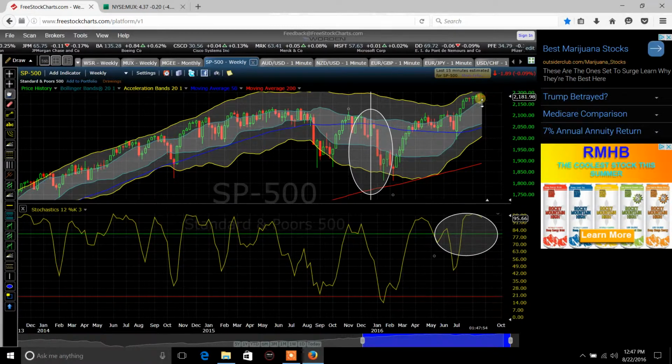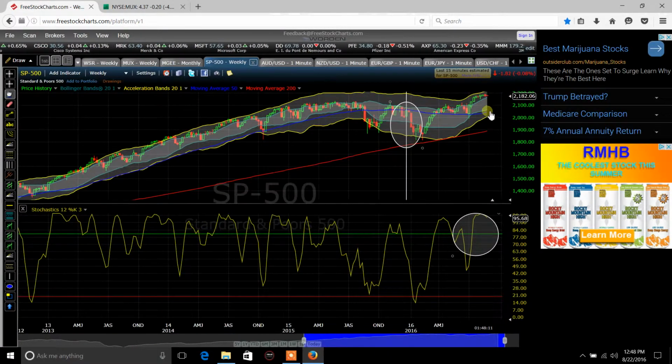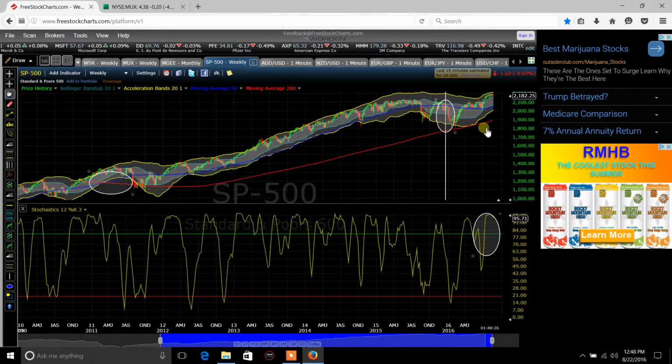I'm waiting for basically the 200 moving day average to cross back over and get above the 50-day moving average, because that will basically tell me at that point that we're back in something like the 50-day moving average moving above the share price, and it'll act as resistance again, causing the share price to drop.